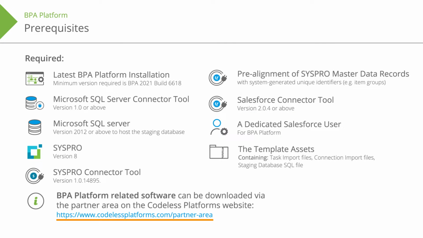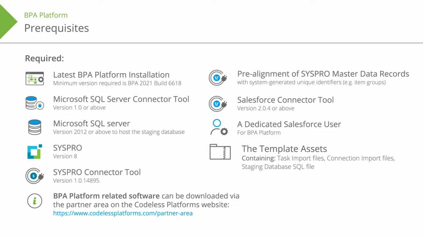The BPA Platform-related software can be downloaded via the partner area on the Codeless Platforms website. To obtain the template assets, please contact your account manager.